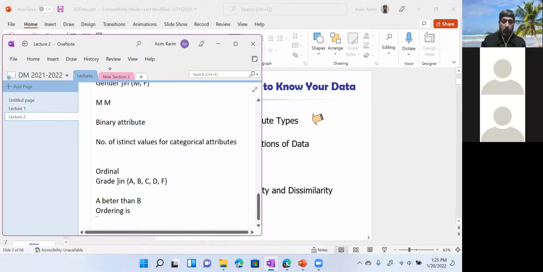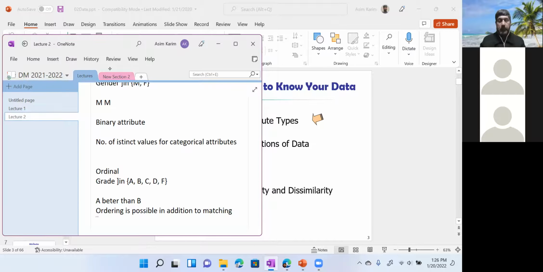So ordering is possible in addition to simple matching. So ordinal attributes provide more information than nominal attributes. And again, usually these are categorical, but not always.